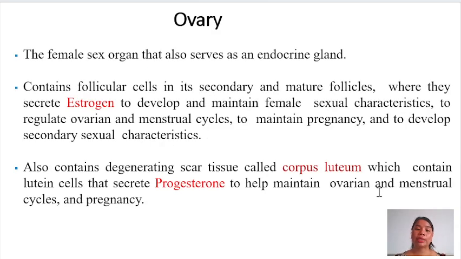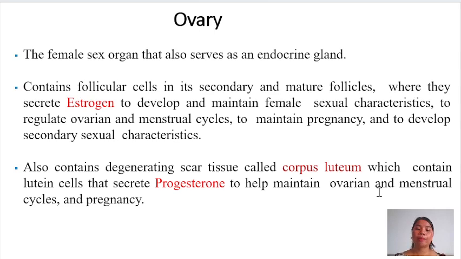Next one we will see is the ovary. The ovary is a female sex organ and also serves as an endocrine gland. It contains follicular cells in its secondary and matured follicles, where they secrete estrogens to develop and maintain female sexual characteristics, to regulate the ovarian and menstrual cycle, to maintain pregnancy and to develop secondary sexual characters.